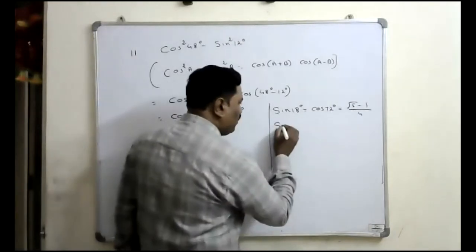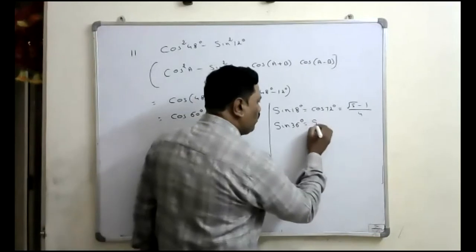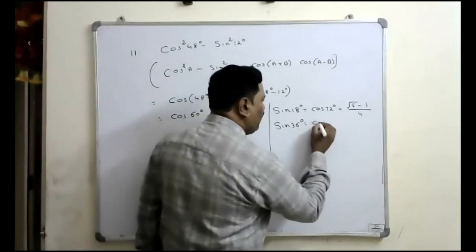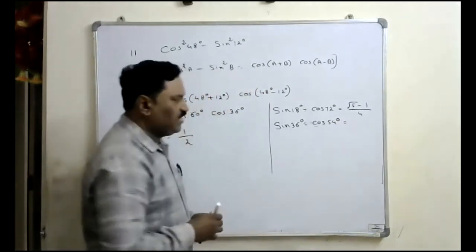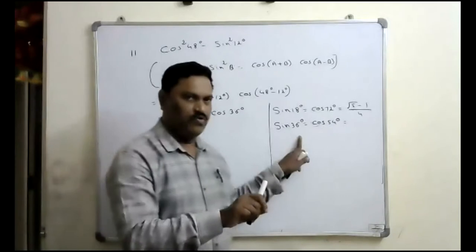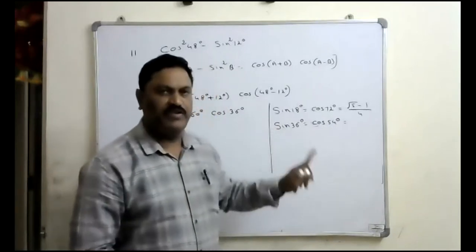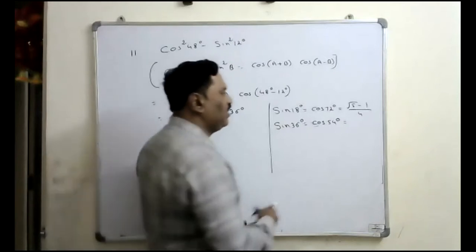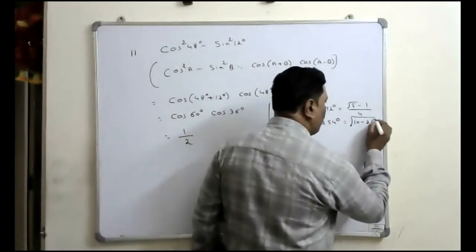Similarly, sine 36 degree is also equivalent to cos 54 degree, because 36 degree can be written as 90 minus 54. Sine of 90 minus 54 is cos 54 degree. So that is root over 10 minus 2 root 5 by 4.